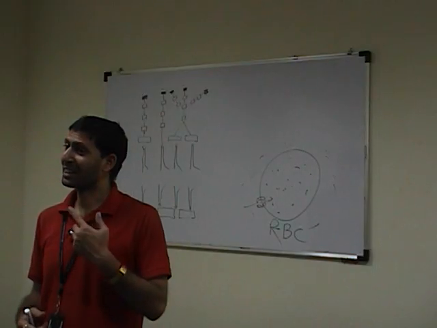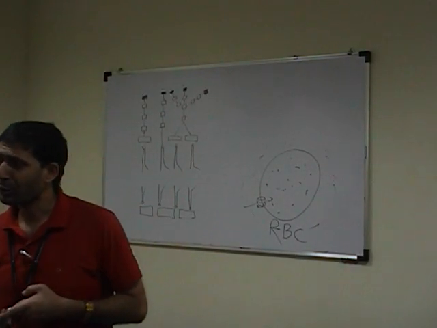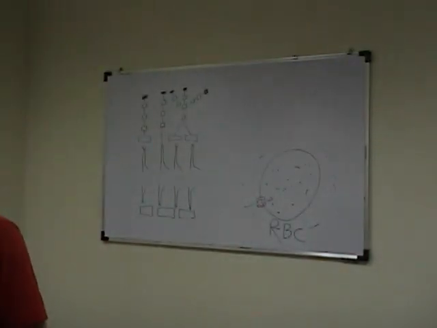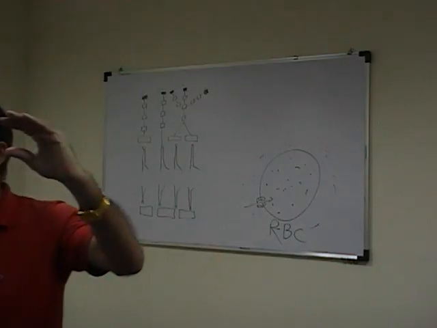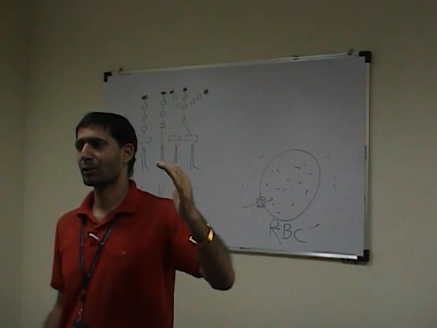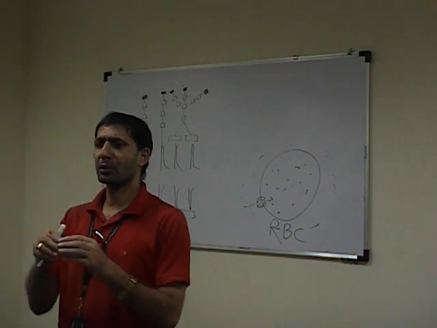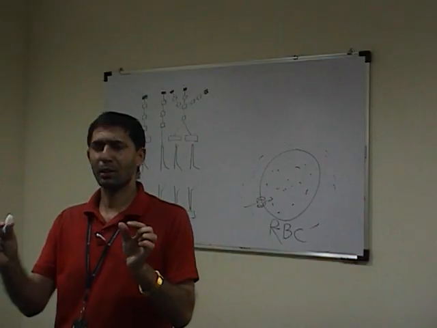That is called glycosylation, and it occurs in the endoplasmic reticulum and Golgi complex. When protein is synthesized on attached ribosome, then that protein goes in the lumen of the endoplasmic reticulum.